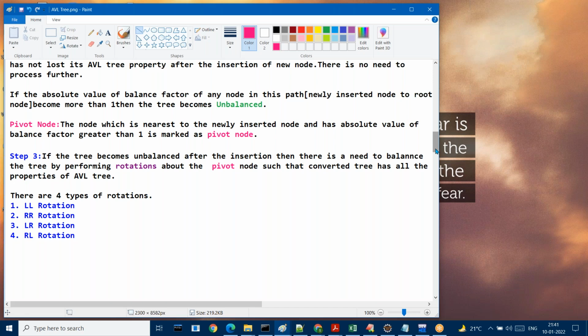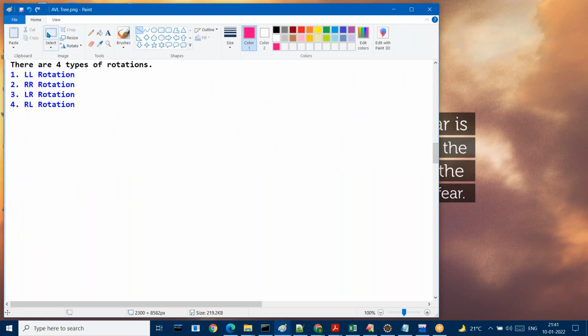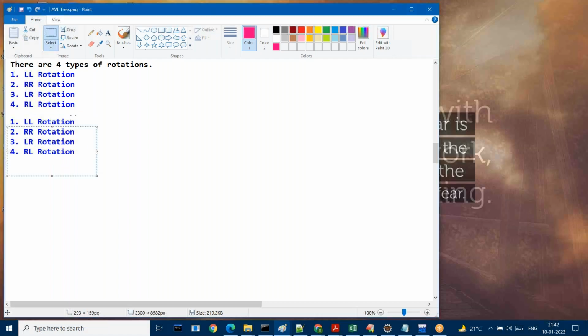Now let's see how to perform the rotations. First, let's take an example, and then we will take the points with respect to the rotation. Or before that, let me first take the points and then we will see the example. So first is LL rotation.